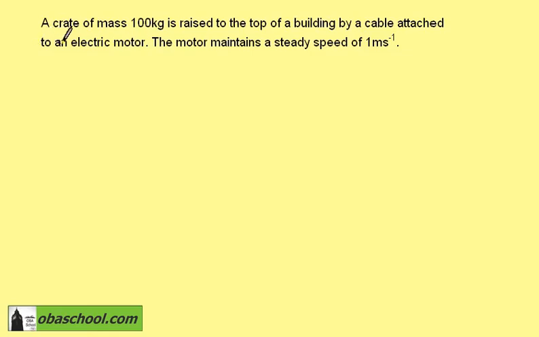A crate of mass 100 kilograms is raised to the top of a building by a cable attached to an electric motor. The motor maintains a steady speed of 1 meter per second.